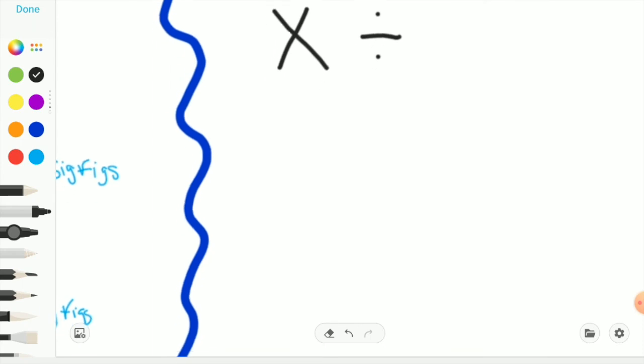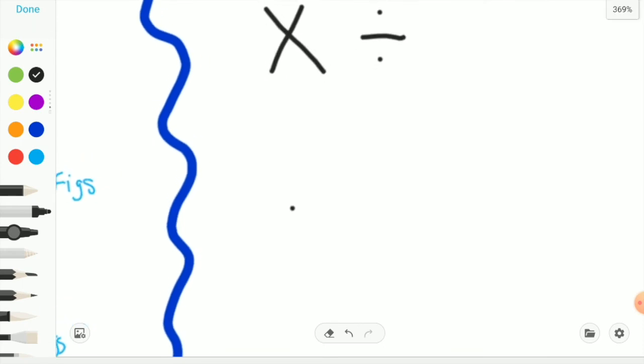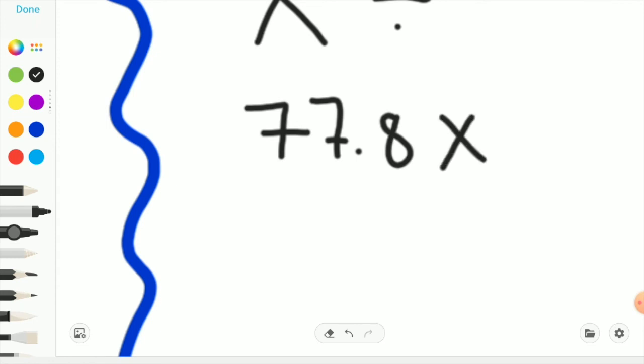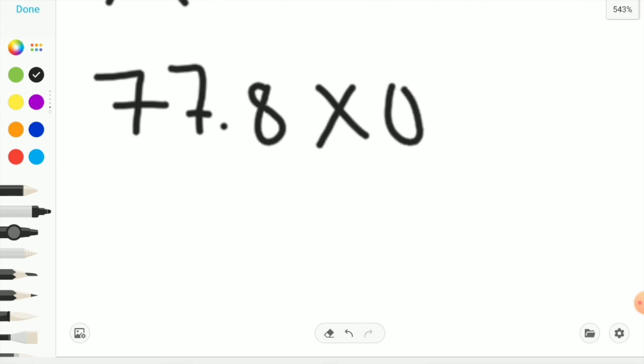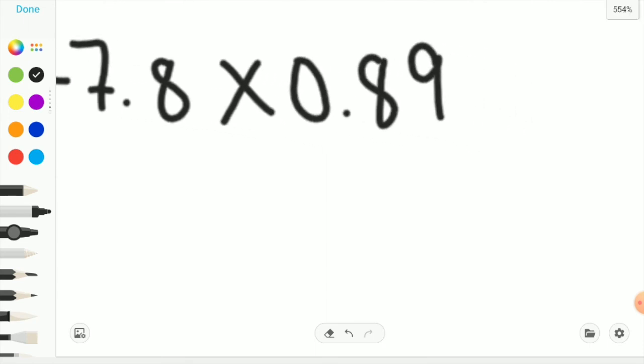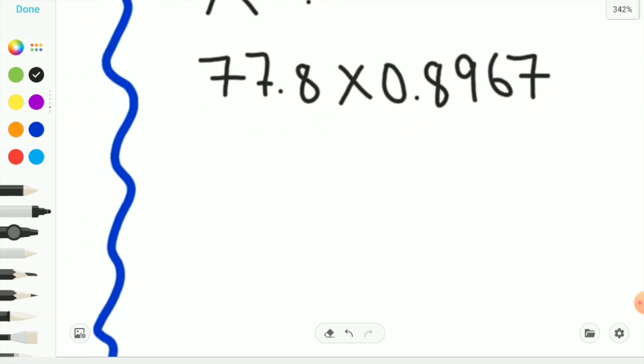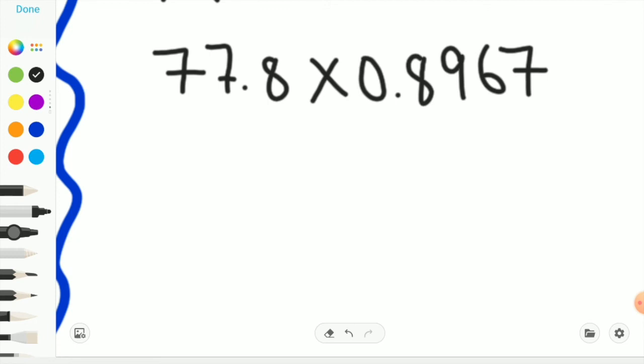So for example, if you had 77.8 times 0.89 67, you would count the significant figures.